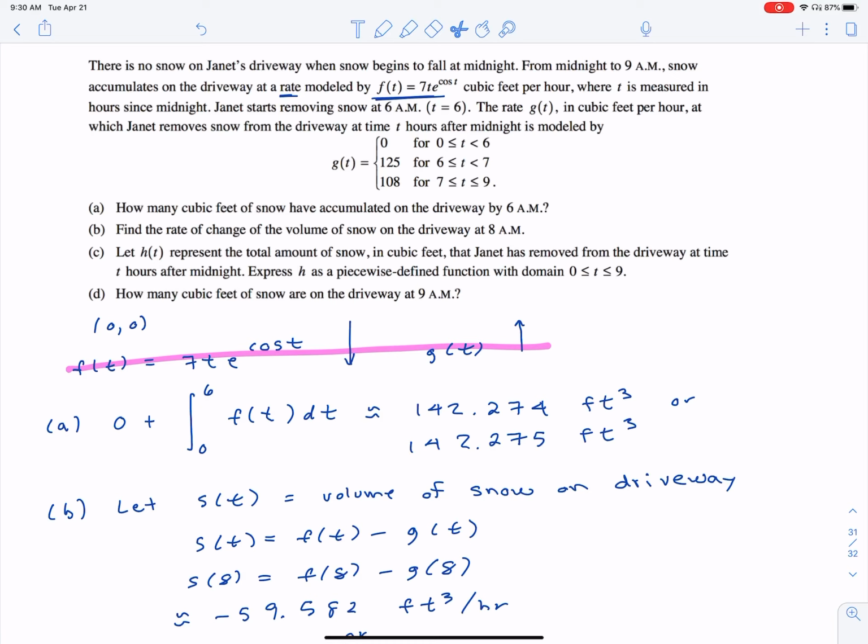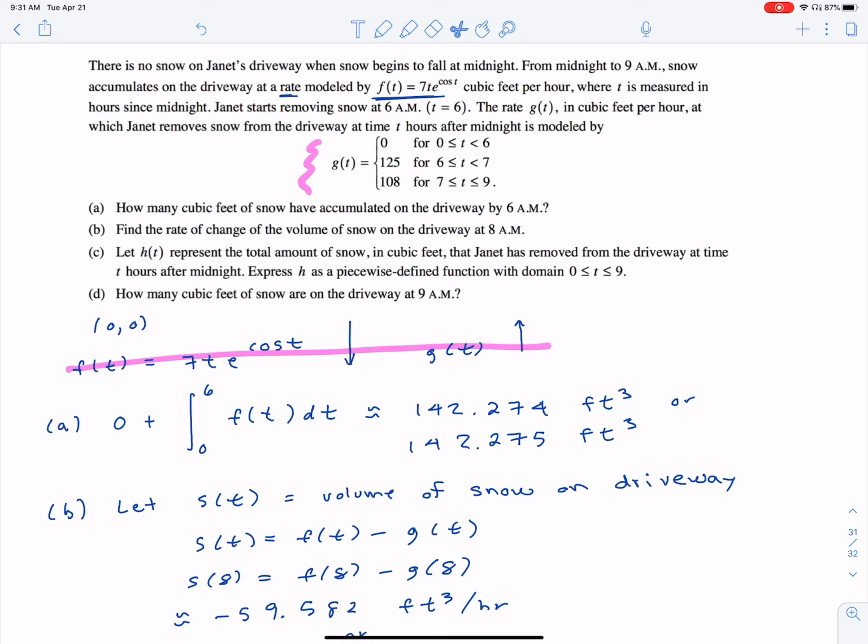So this function right here was the rate of change in her removing. But now we have to find a function that gives us the volume being removed. So we know we're going to be integrating that function, but we don't have to worry about the F of t function at all right now because this is just for snow being removed.